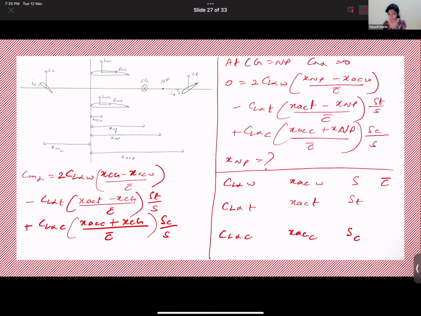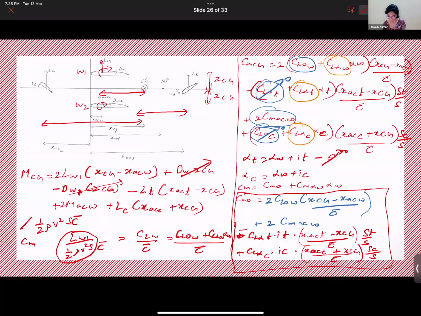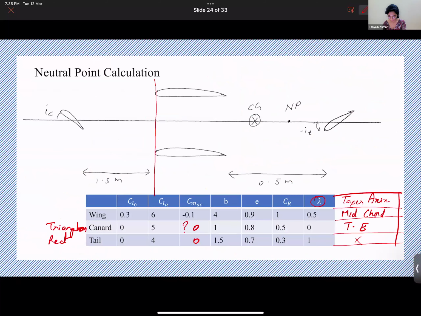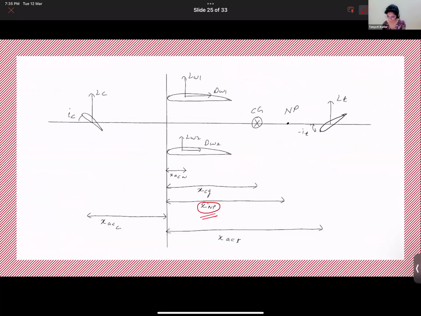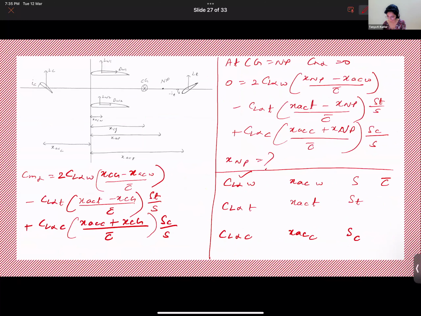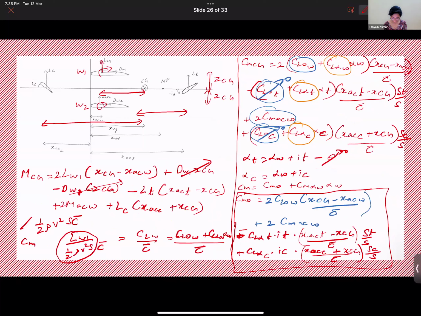Now from the table that is given to you, you have CL alpha of the wing, canard, and tail. So you have this. Do you have XAC wing? Do you have that quantity? Let's look at the figure that is given to us. What values do we have?